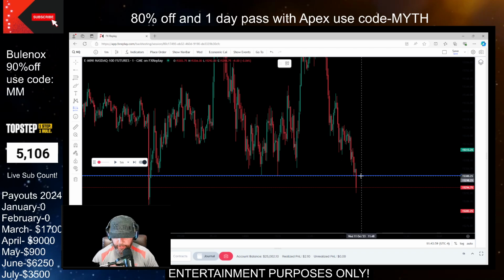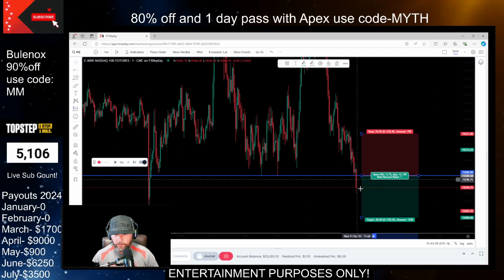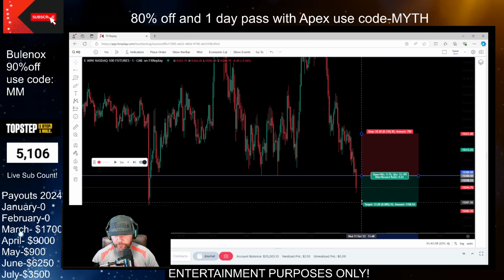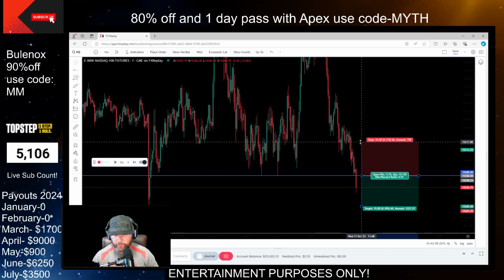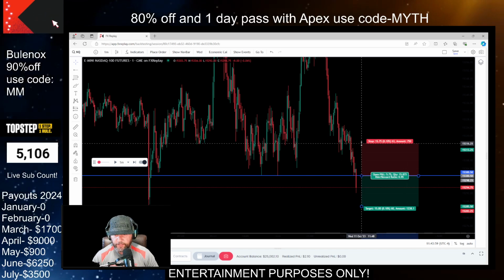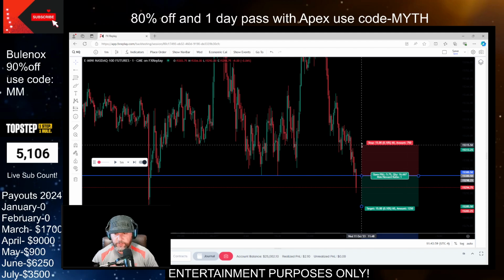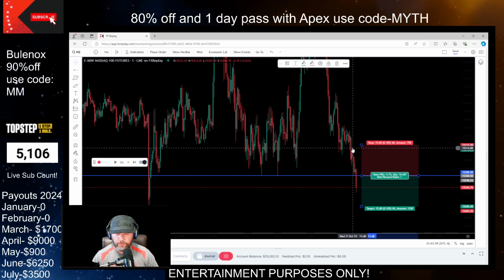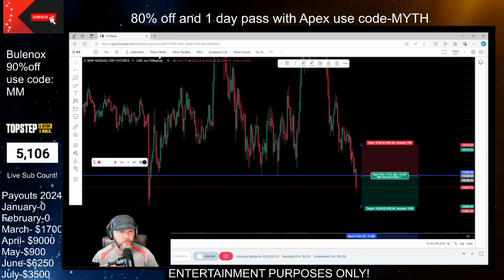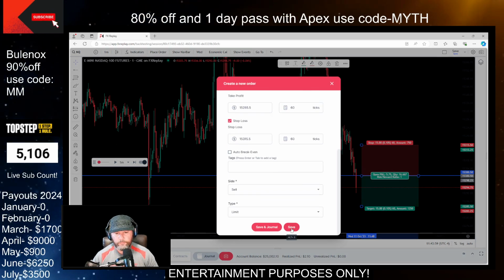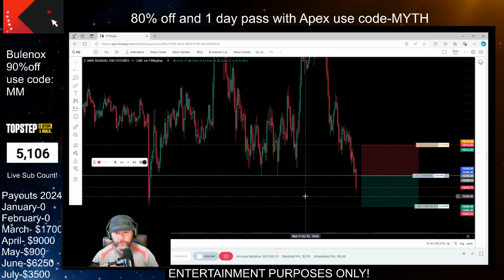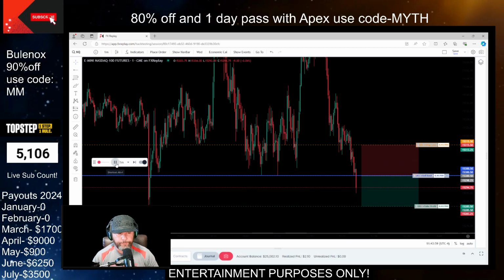It's got to be a direct entry here because I expect some sort of pushback above the whole number. That's my thought process. I actually don't hate where the stop is on this, though. Seems reasonable. So, place order. Save. And let's see what we get.